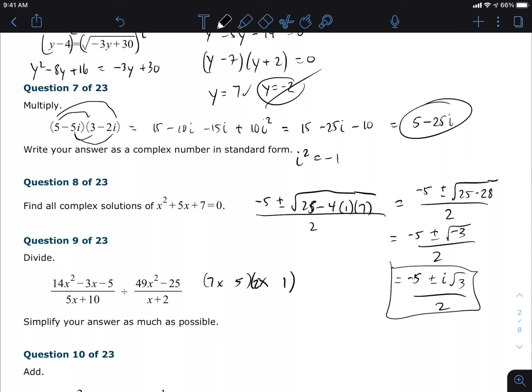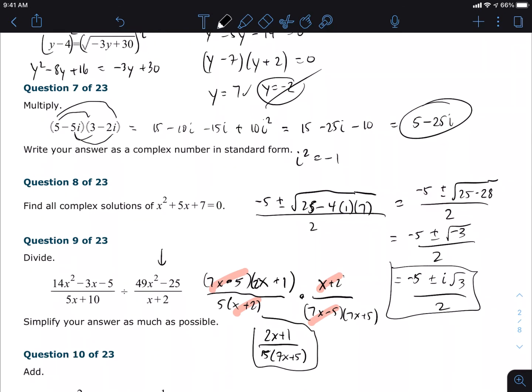So I'm going to need this to be minus and this to be plus over, pull out a 5, I'm going to get x plus 2. And then I'm going to flip this one. So I'm going to get x plus 2 up here over, and then this is going to be 7x minus 5, 7x plus 5. And we can see this will cancel with this will cancel with this. And so we should get 2x plus 1 over 5 times 7x plus 5. And that's our solution.